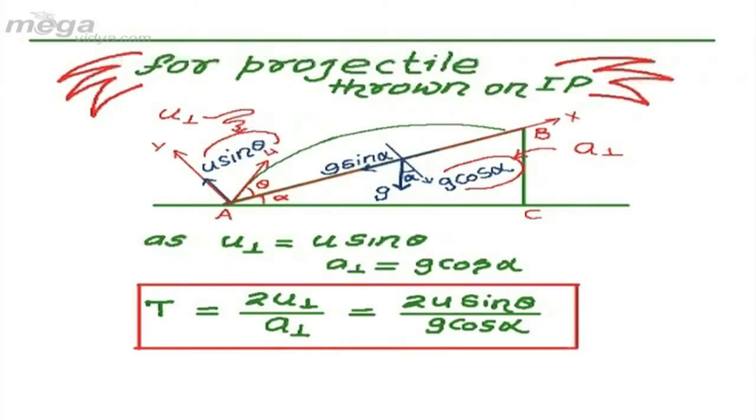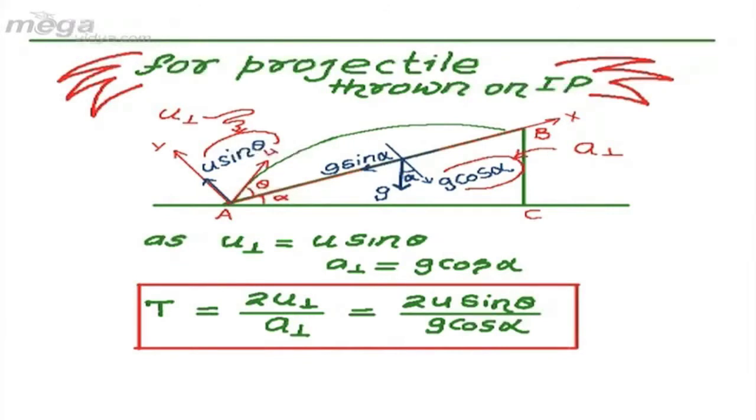And if we resolve the motion of a projectile thrown on an inclined plane in two mutually perpendicular directions, what change we are doing here is we are taking the x direction along the incline instead of along the ground, and the y direction perpendicular to the incline.